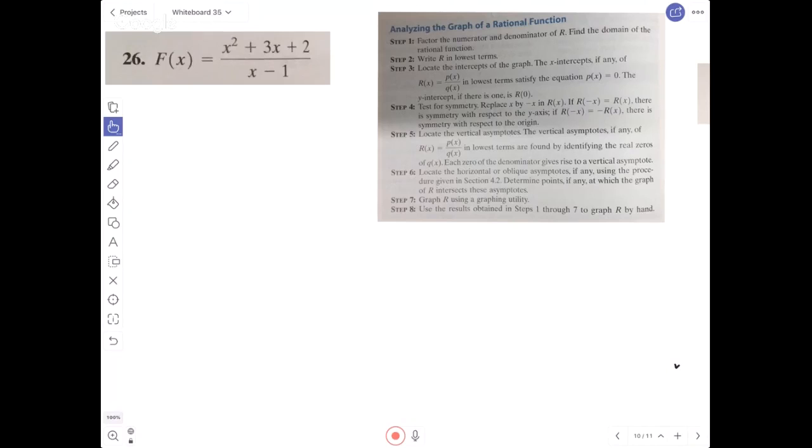Eight steps for the analysis of rational functions. Step 1 says factor the numerator and the denominator of r, find the domain of the rational. So step 1, factor. So f of x factored could be written as, looks like x plus 2, x plus 1, all over x minus 1.